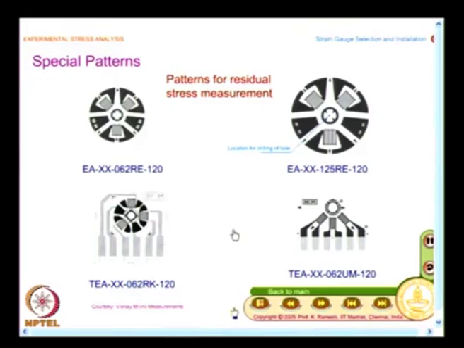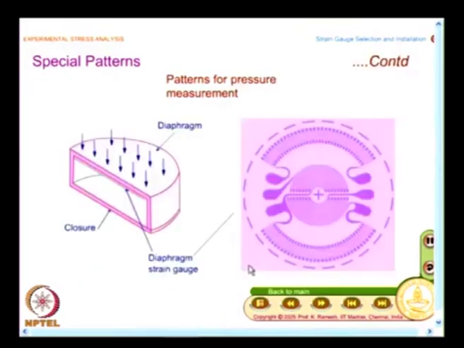Then you have another interesting pattern. You have a special pattern for pressure measurement. I have a thin diaphragm and I have a strain gauge which is shaped in this manner.